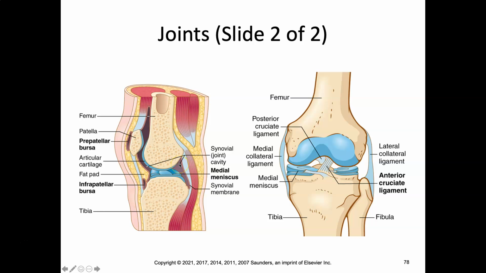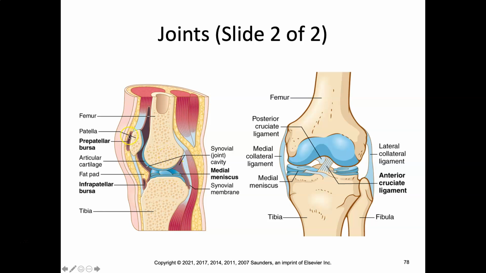But that is your joint cavity, and you've got synovial fluid inside of there. And notice you've got a little bursa here as well. But anyway, the blue around the bone is your cartilage. And so you've got that fluid and the cartilage to help, as well as the meniscus in this particular joint, to help things move together well.